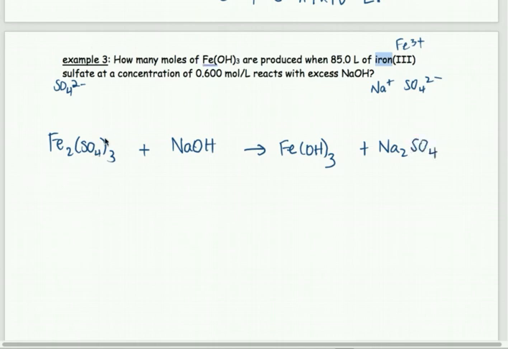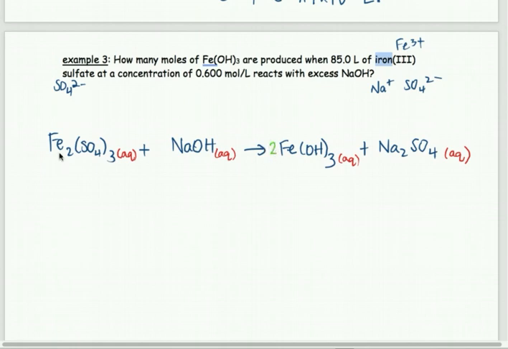Okay, so now let's write the state symbols here. Iron 3 sulfate is aqueous, sodium hydroxide aqueous, and then iron 3 hydroxide here is aqueous too, and anything with sodium is aqueous. So we have all of our aqueous state symbols here, and then I'm just going to balance.